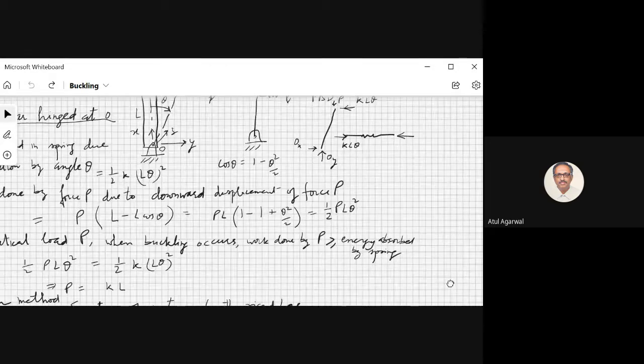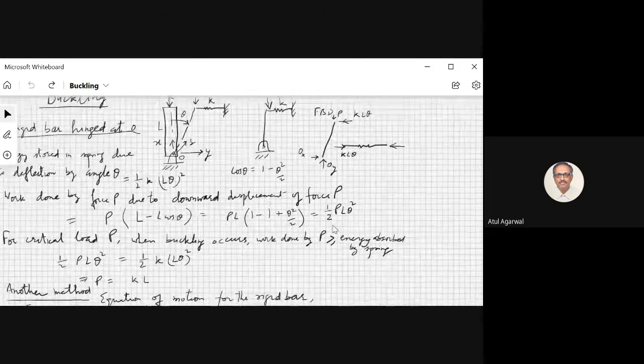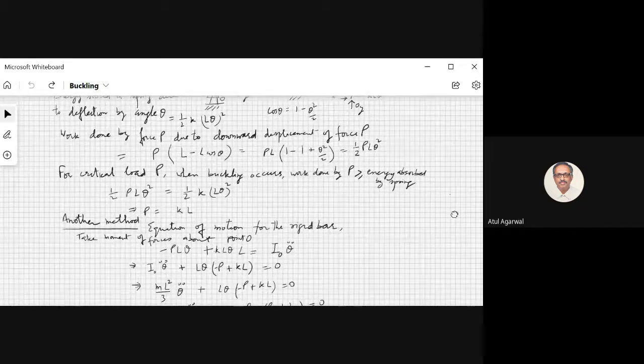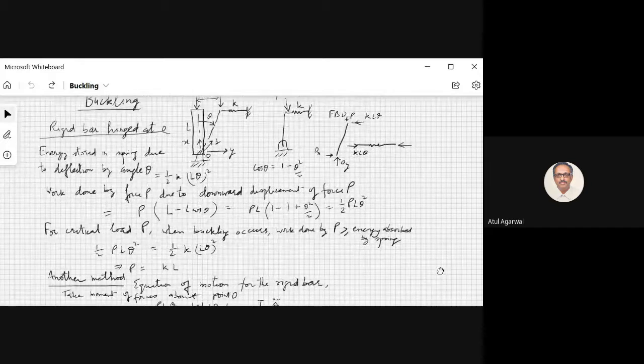Another way you can analyze it is to find the equation of motion for the rigid bar. If you take moments about point O, there is a force P which is causing a clockwise moment about point O, and there is a force KL theta which is causing a counterclockwise moment about point O. And this will be equal to I theta double dot.